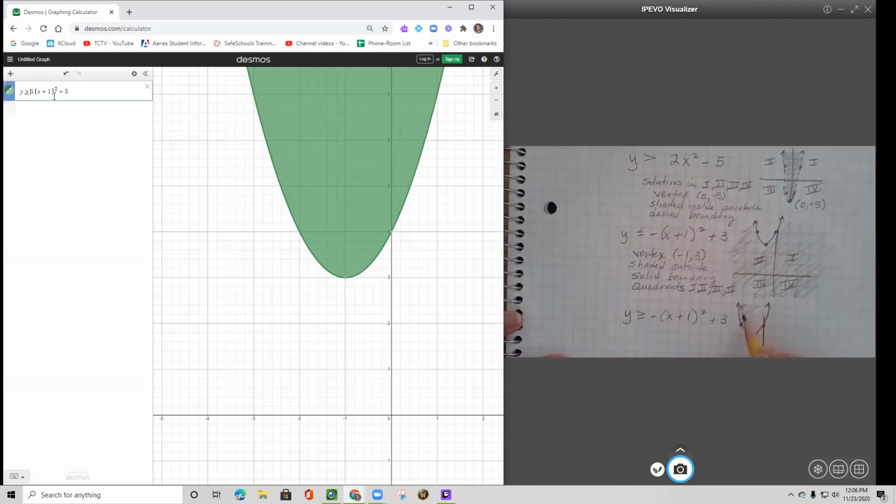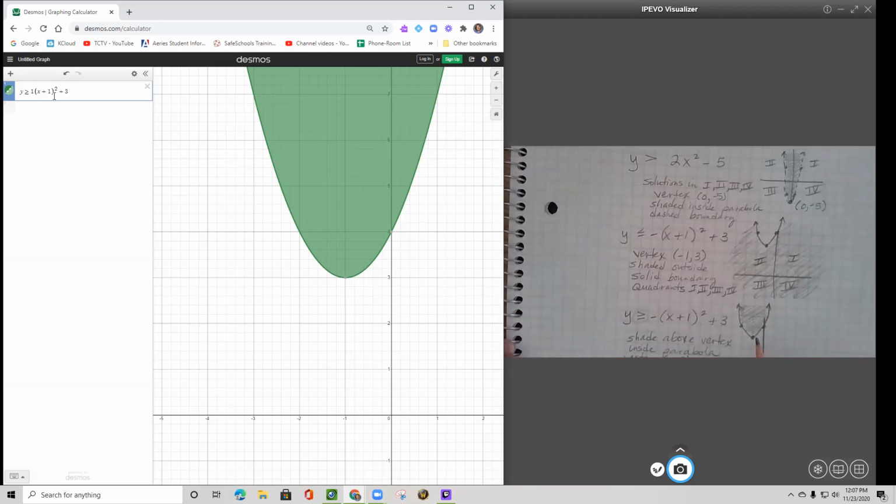But if I change to greater than, then I would shade above the vertex, which is inside the parabola. My vertex is still at -1, 3, and I'm still using a solid line boundary.